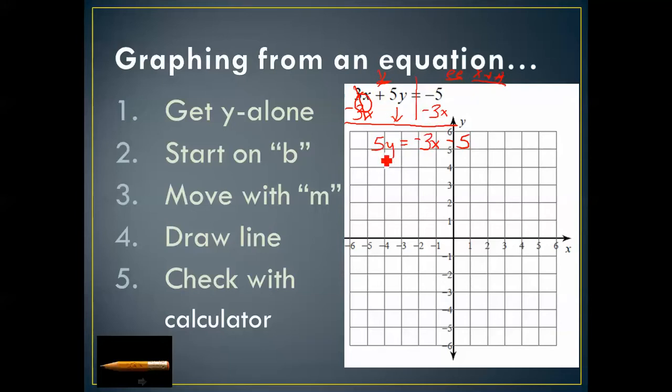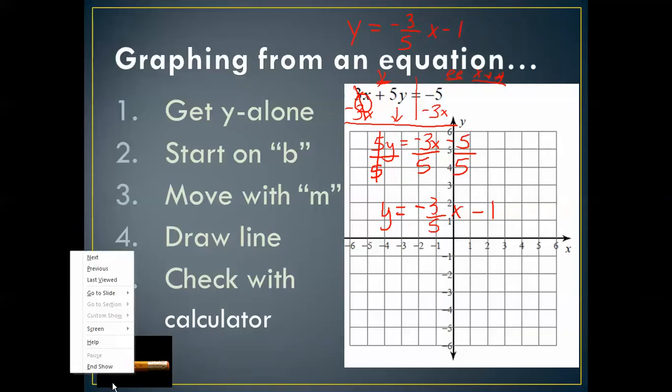Now I have a 5y and I want just one y, so I have to divide by 5, and if I divide that side by 5, I have to divide everything on the other side by 5. So I get y equals -3/5x minus 5/5, which is 1. So I'm going to rewrite that up here. y equals -3/5x minus 1.